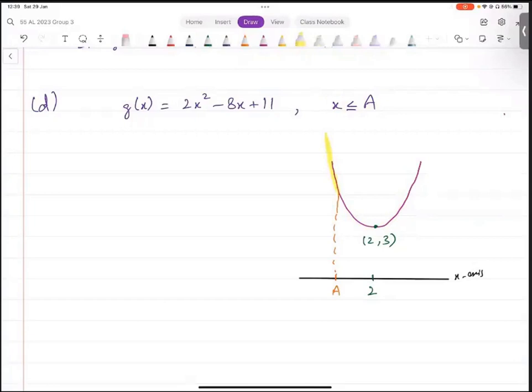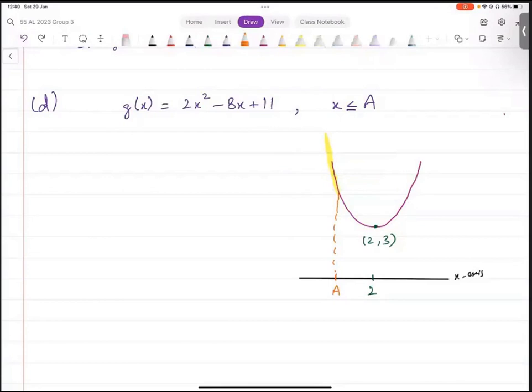Is this one-to-one? Yes. But it isn't the maximum possible value. It's not the maximum possible value, but that's not the question right now. I'm asking, is this one to one? Yes, it is. It's one to one. We can draw any horizontal line through this yellow part. It only cuts the graph at one point. So this is one to one.